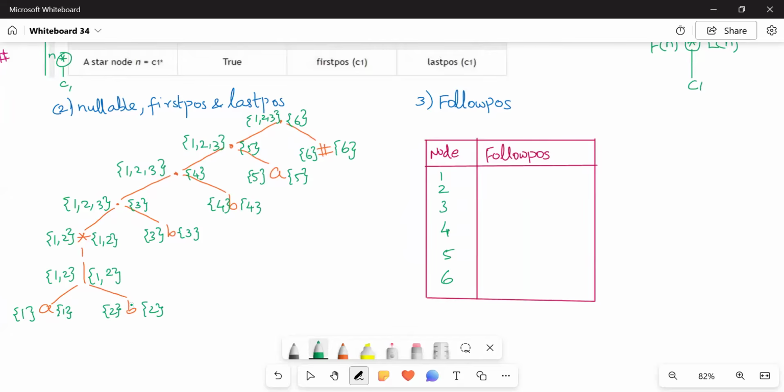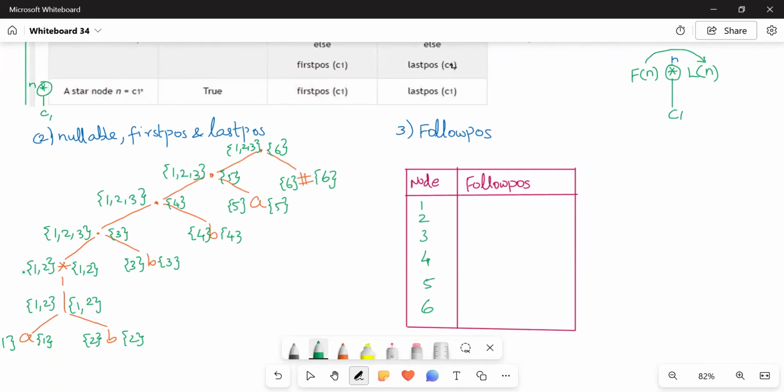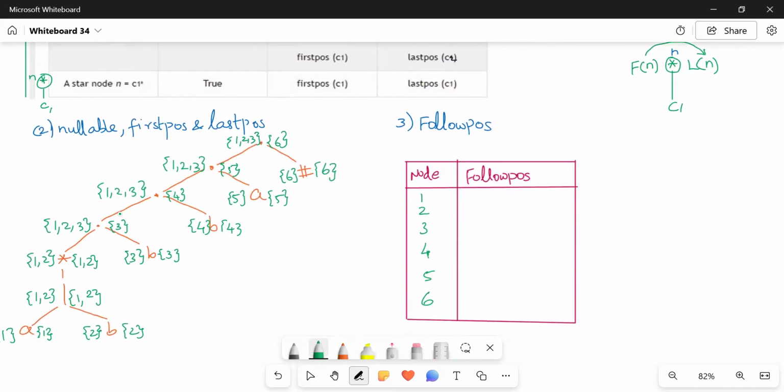So from the leaves, we need to check this is the first star node. To find star node, what is the rule? Follow position of last position of n will be first position of n. So what is first position of this node? 1, comma 2. That must be substituted to follow position of 1 and follow position of 2. Last position of n means 1, comma 2.